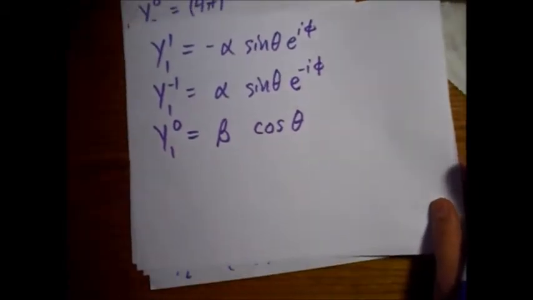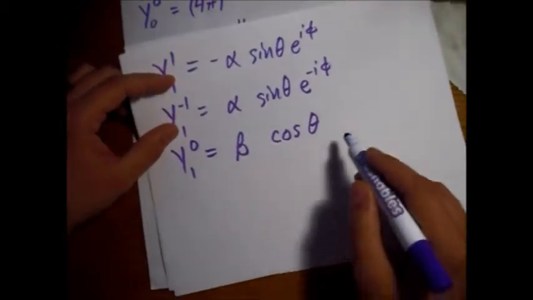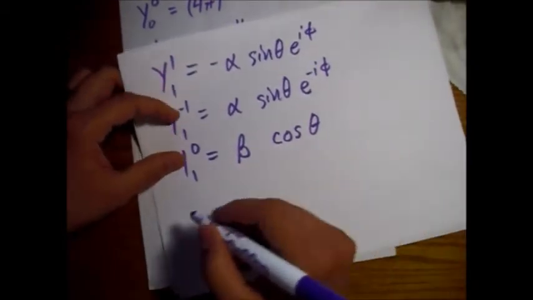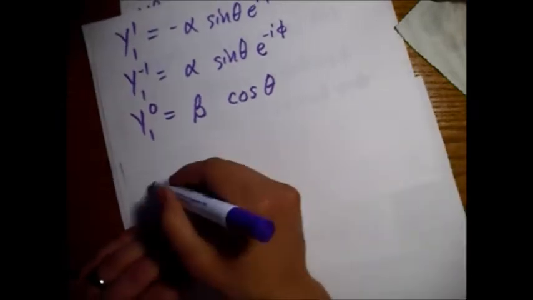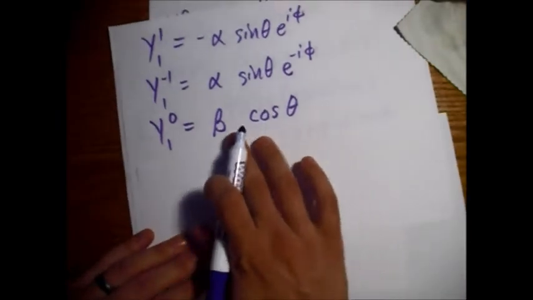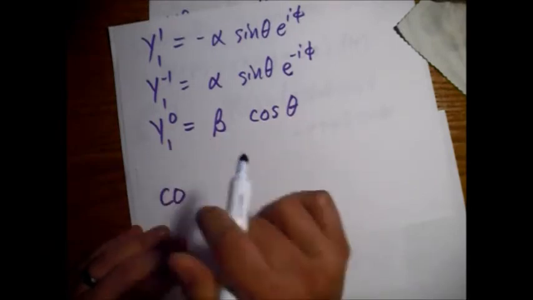Okay, well, this one here is easy. Maybe we can write these out separately on a piece of paper. So cosine theta is easy, because that only involves this one.